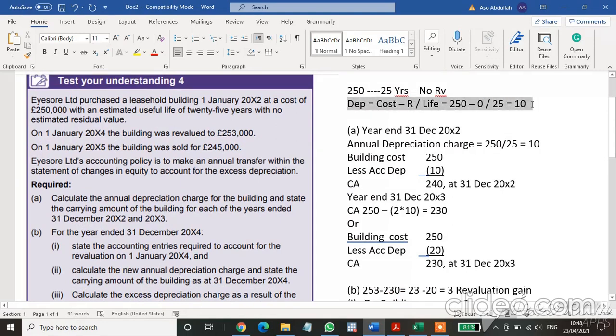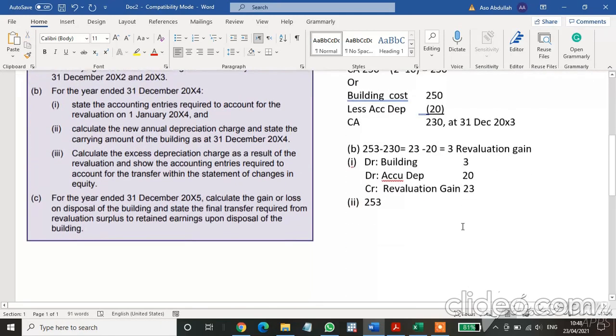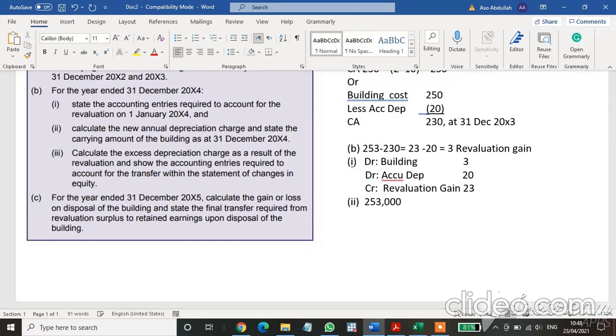Remember the building had a 25-year life, and 2 years have passed, so we divide by 23 years, which gives us an annual depreciation of 11,000.